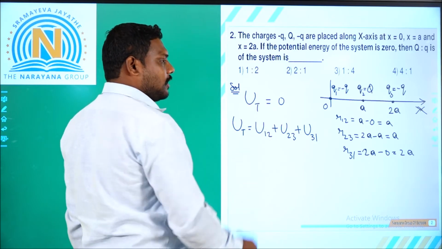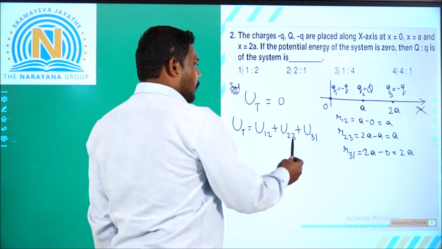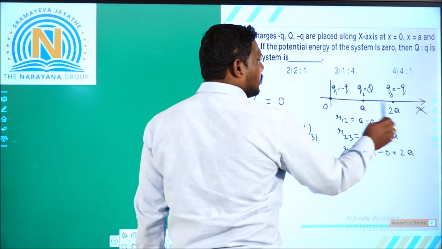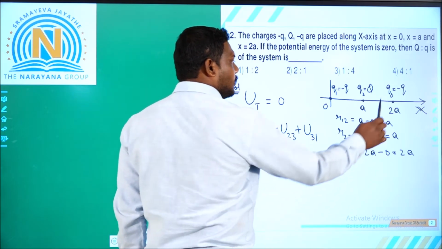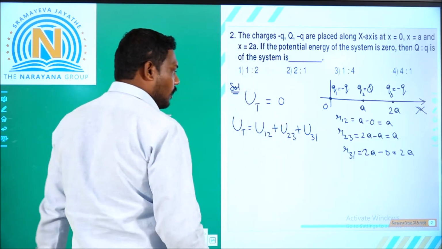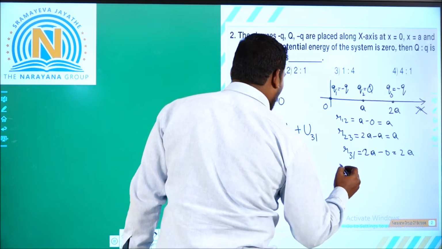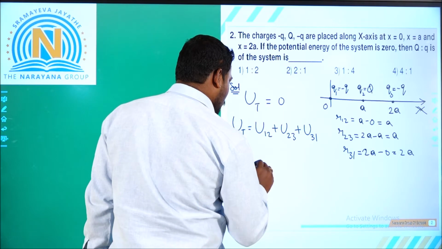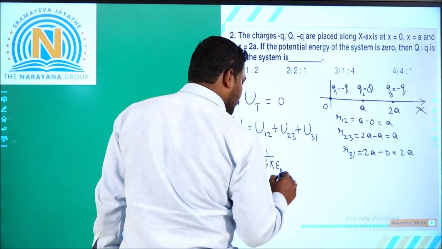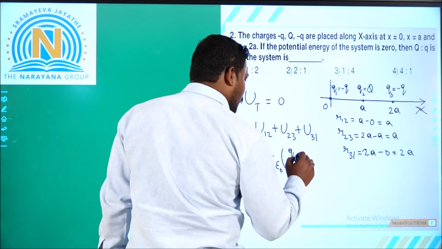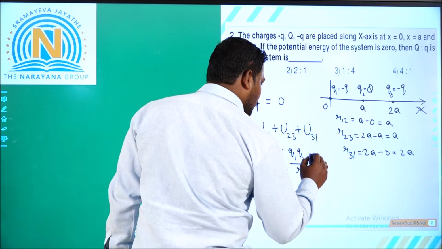That is the potential energy when the first two charges interact, plus the potential energy when the second and third charges interact, and the potential energy when the third and first charges interact. Okay. Now U12 is 1 by 4 pi epsilon naught into Q1 Q2 by R12.